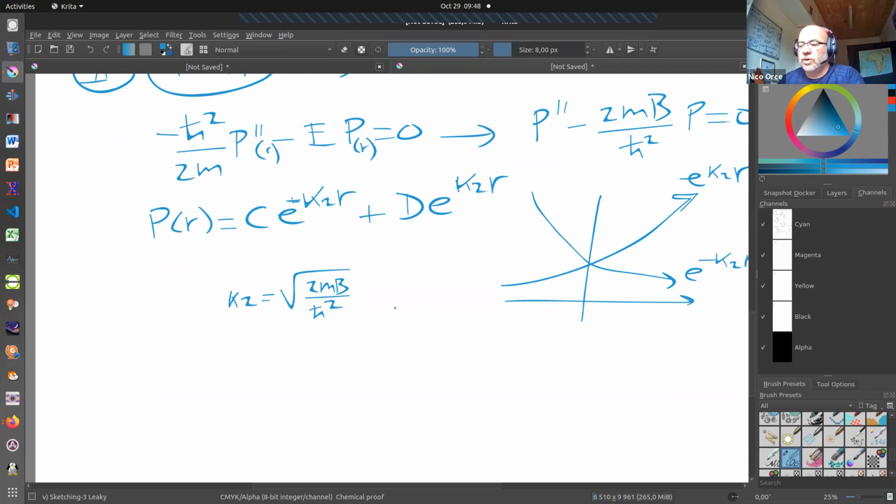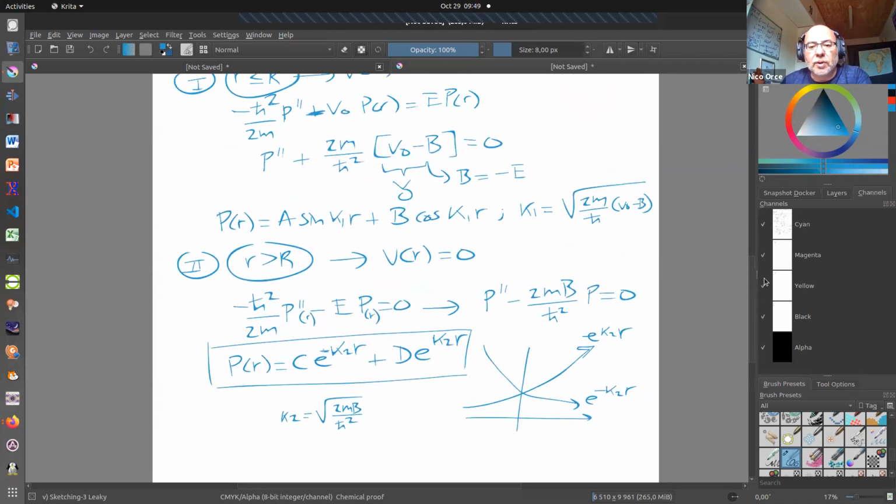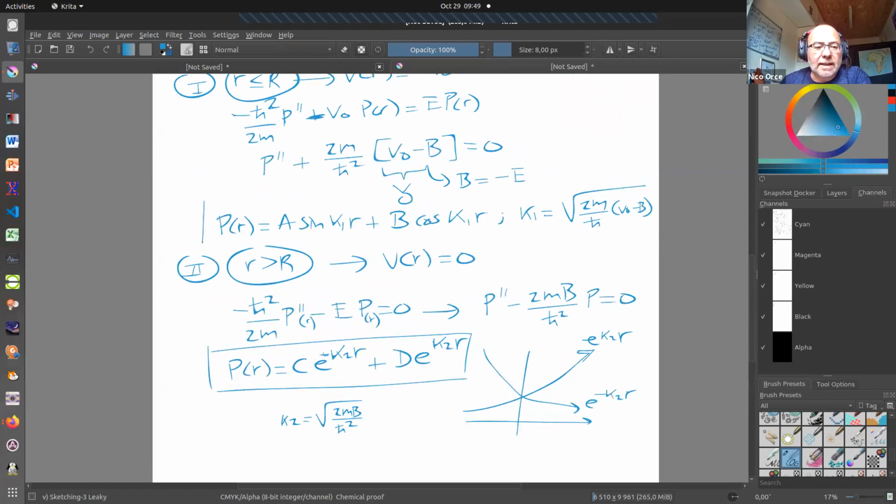All right, so now we have two solutions to the wave function depending on where you are in the potential. If you are inside the well, you have a sine wave function. If you are outside the well, you will have an exponential function, right?